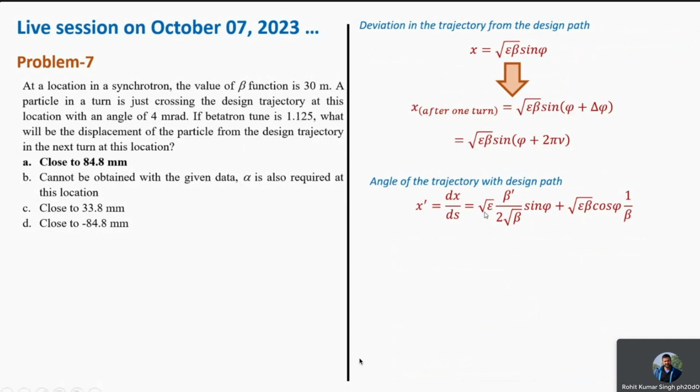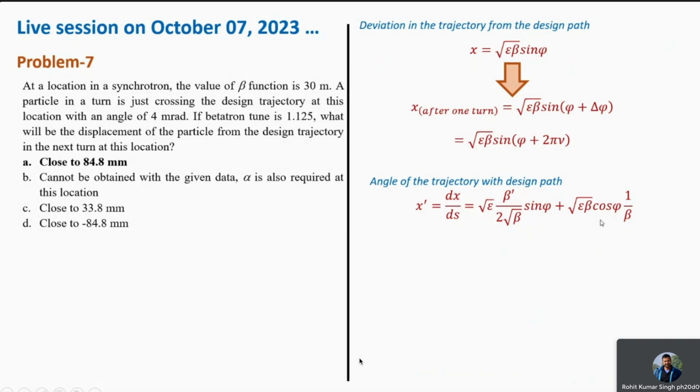First differentiate beta: beta prime upon 2 root beta sin phi, plus under root emittance beta, and now you differentiate sin phi. The differentiation will be cos phi and then d phi by ds. d phi by ds will give you 1 by beta. Now here you have under root beta and here beta, so there will be under root emittance by beta here.